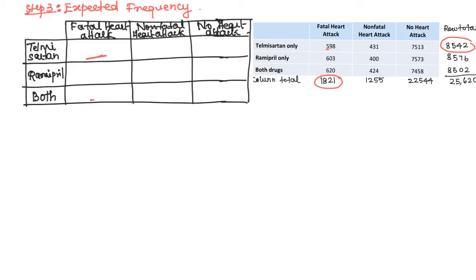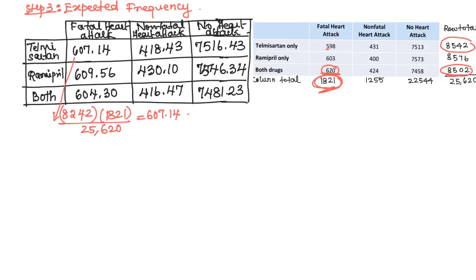So assume you want to find the value here, so that cell corresponds to this one, so the row and column correspond to that, so multiply these two values and divide by the grand total. So remember, this is the observed frequency, whatever is in this table, and this is the expected frequency.